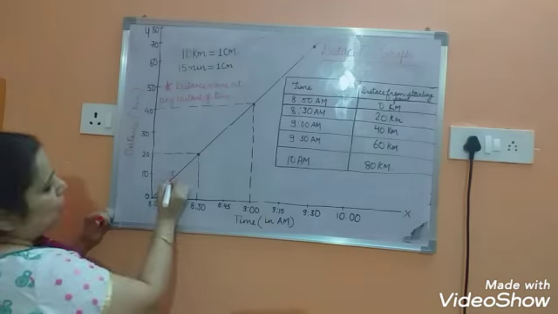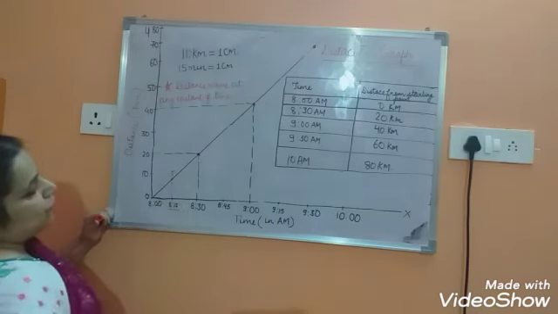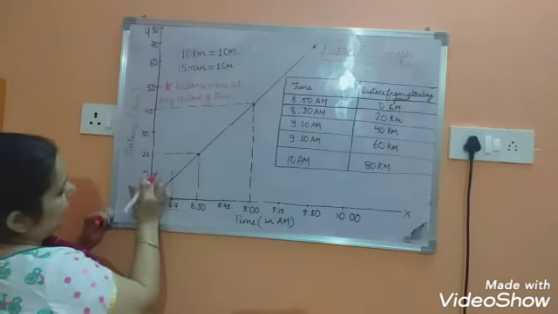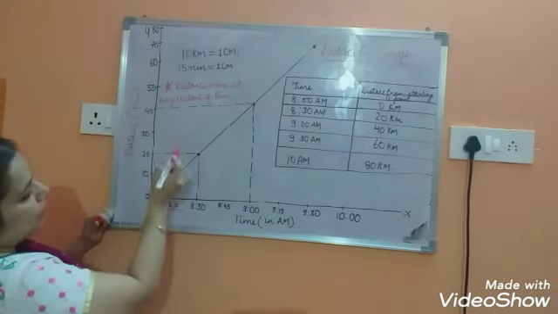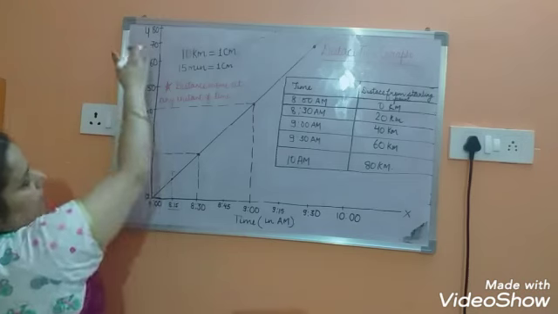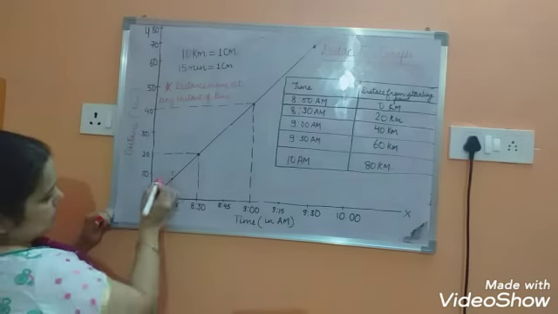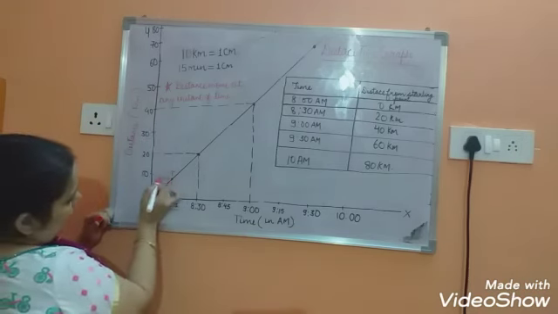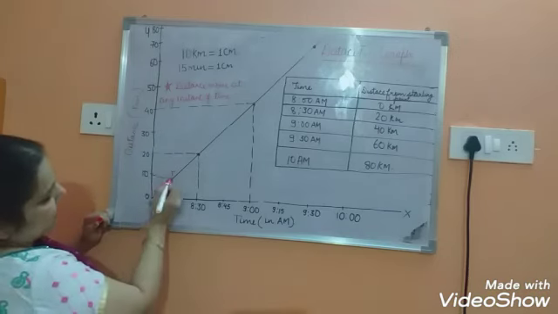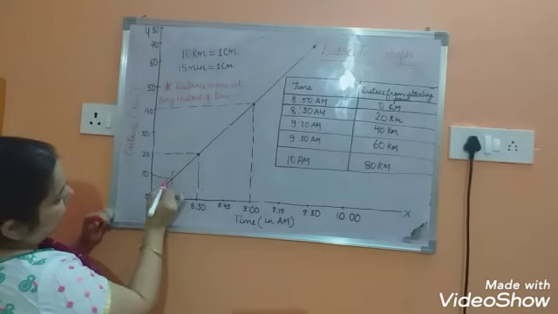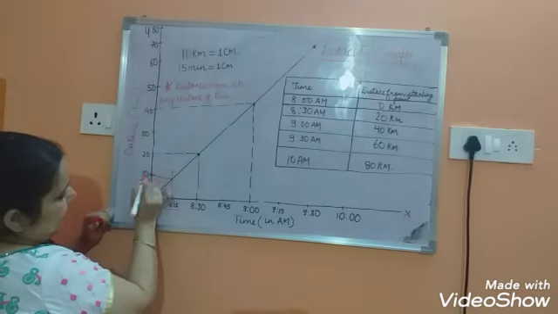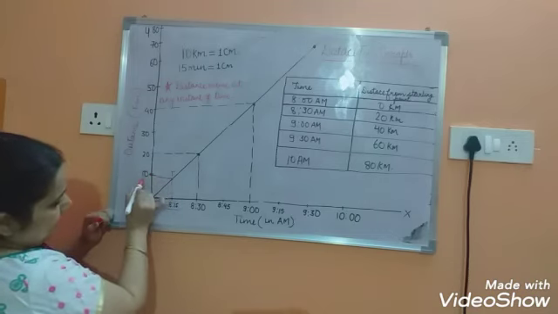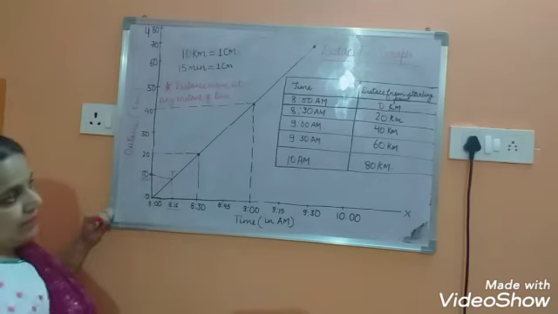Now from the point T, I will draw a line which is perpendicular to the y-axis. When I do this, that line meets at what? 10.